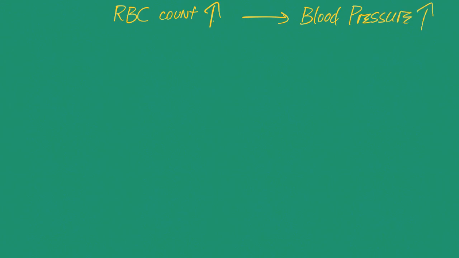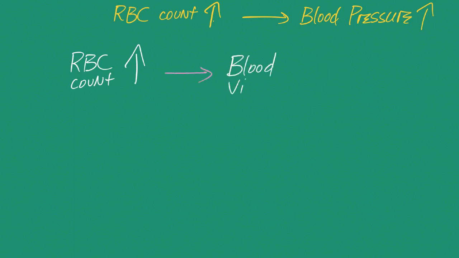Let's take a look at yet another example. How does high red blood cell count result in high blood pressure? So let's do a flow chart. When the red blood cell count increases, blood viscosity increases as well.